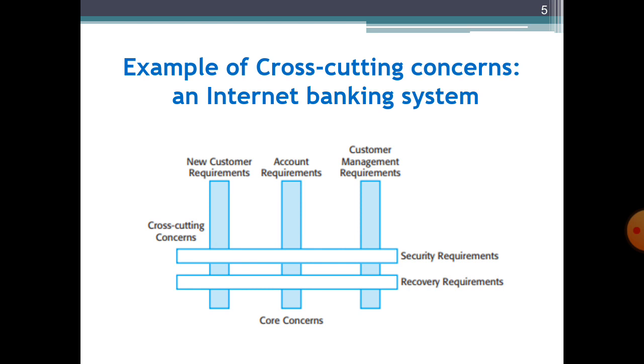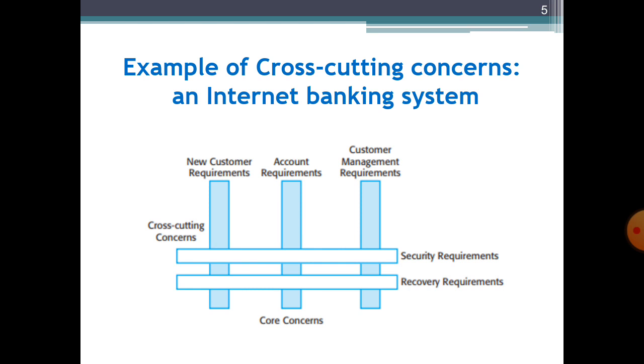So students, as we see in this diagram, security requirement and recovery requirement are our cross-cutting requirements, and these two are mapped to the entire functionality of the system, affecting the services of the entire system.